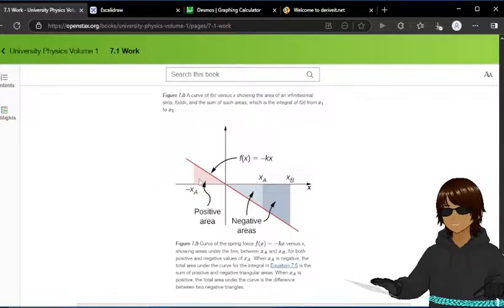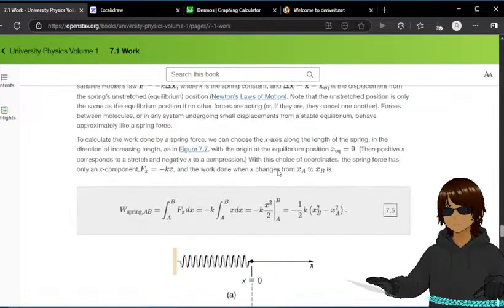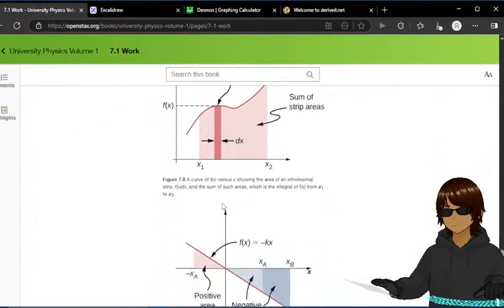Okay, so we are left with half times base times height. The height is minus kx and the base is x.